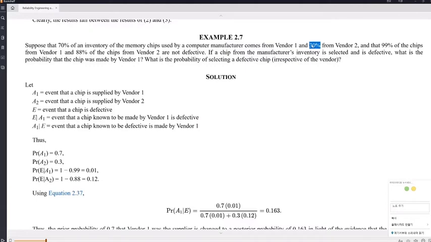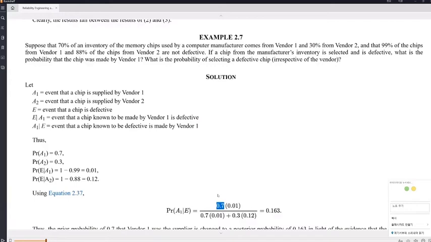And the new knowledge can be utilized to update our probability distribution. Previously the probability that the chip came from vendor 1 was 0.7.